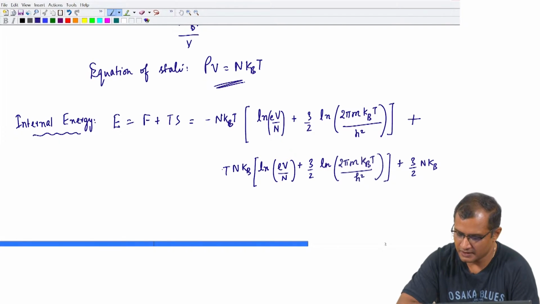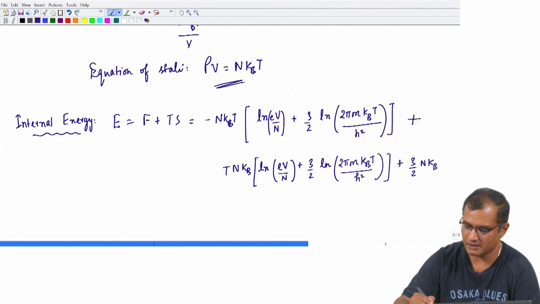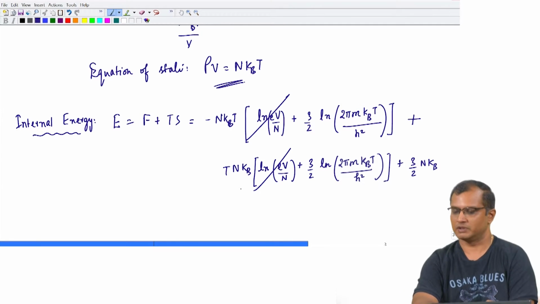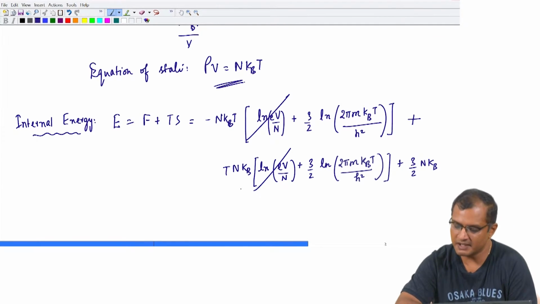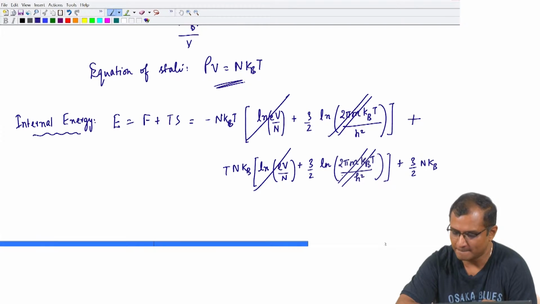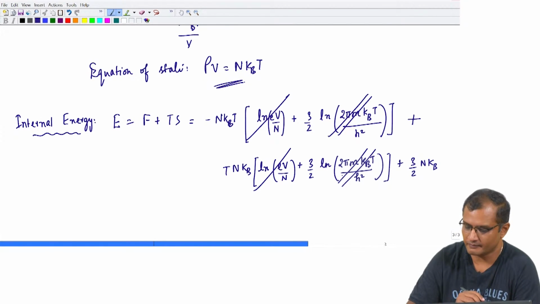As you can see, the first term clearly knocks off with the first term in the second parenthesis, because the prefactor is just nkT in both the terms, and very easily you can see that this term will also knock off with this term. And what you are left with is just 3/2 nk.